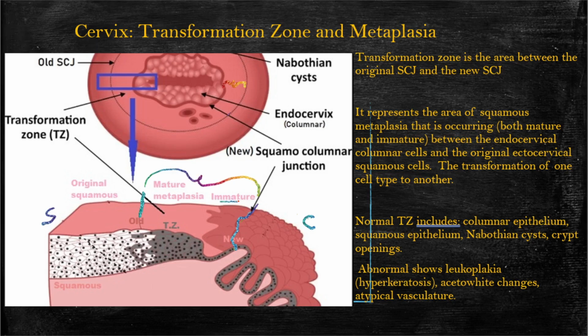The immature metaplasia is happening near the original squamocolumnar junction and these columnar cells, and then as it transitions out towards the original squamous epithelium, this is the area of mature metaplasia, where it begins to take on more and more of a stratified squamous epithelium appearance.